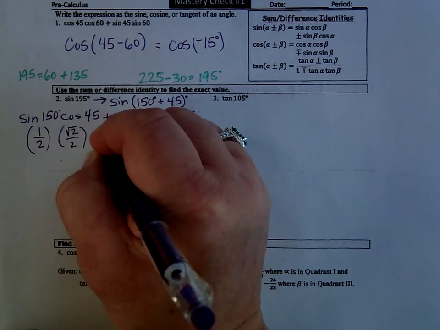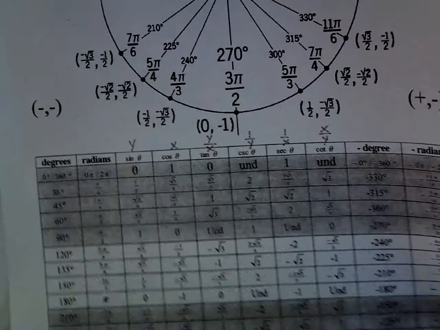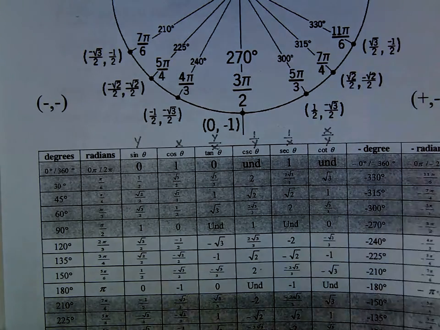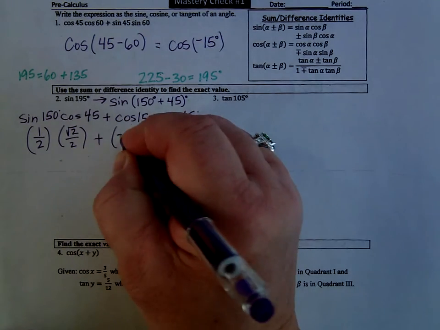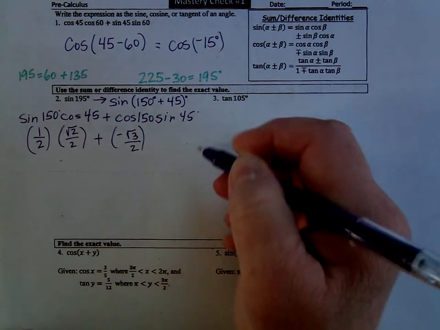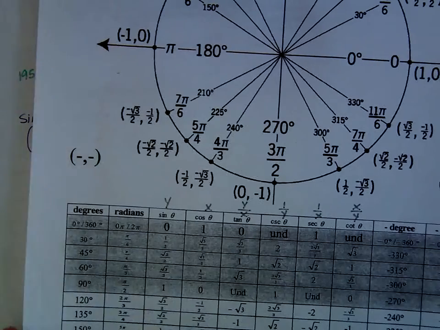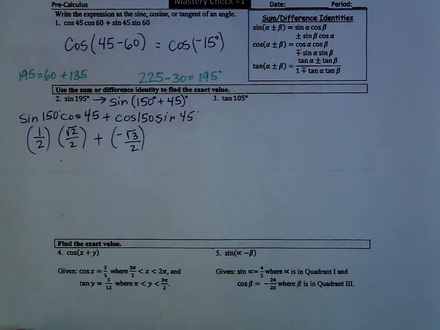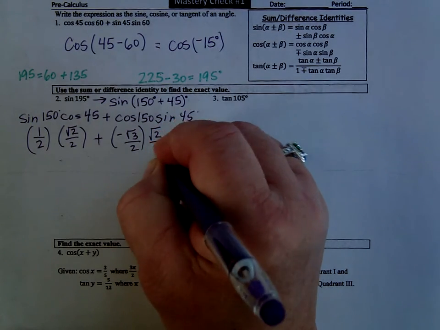Then I have a plus sign. Then I have the cosine of 150, come down to 150, go over to cosine. I get negative square root of 3 over 2. And the sine of 45, if I go back here, sorry for all the flipping back and forth, I get the square root of 2 over 2. I just want you to see where these numbers are coming from.